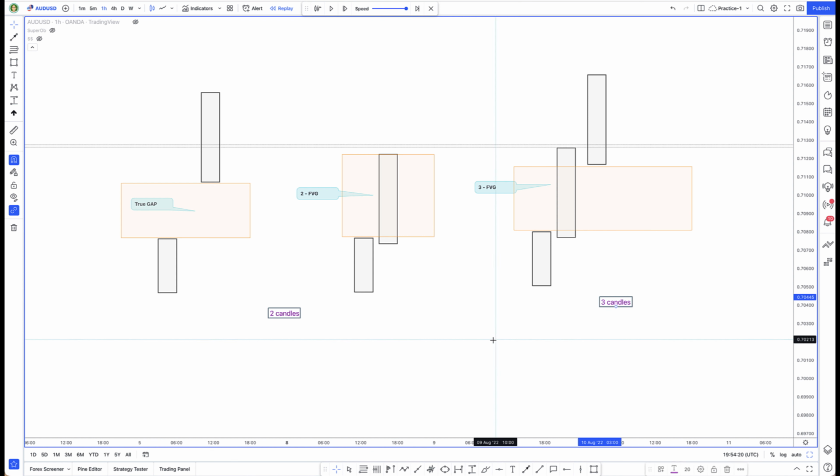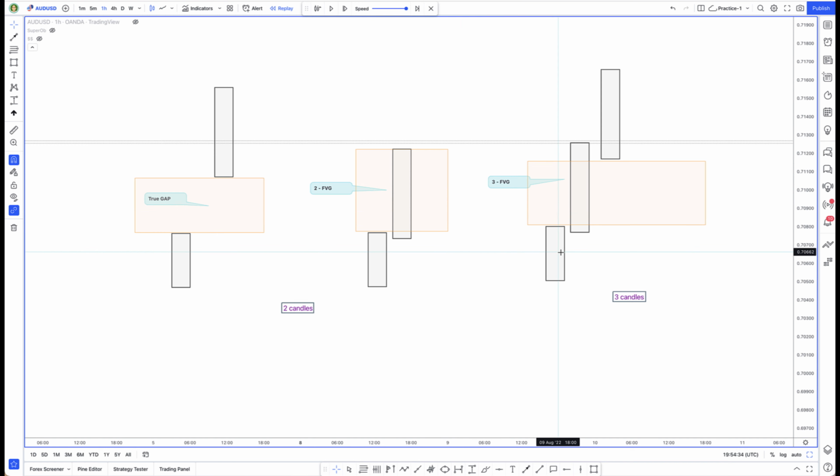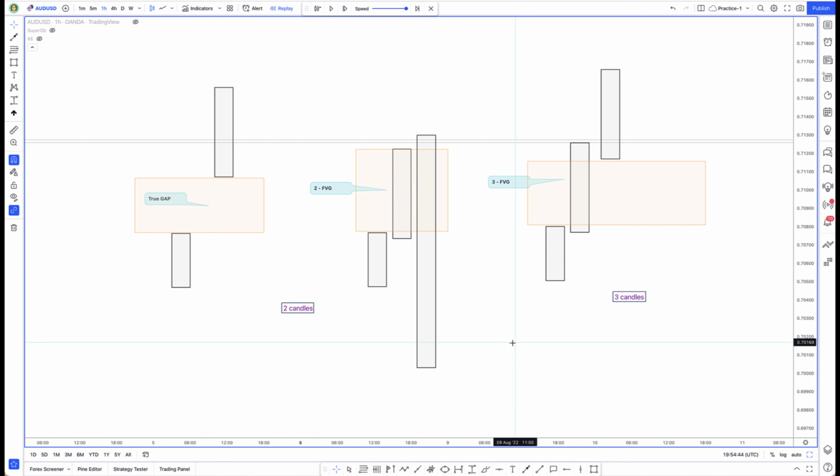So there is more time required to confirm a 3 candle fair value gap. And this is the key. In trading, everything is based on probabilities. Yeah, sure, there could be a probability that a next candle could come if you're in a 2 candle fair value gap, and completely smash this candle down and create a reverse order block.